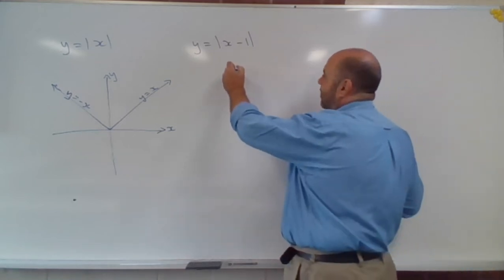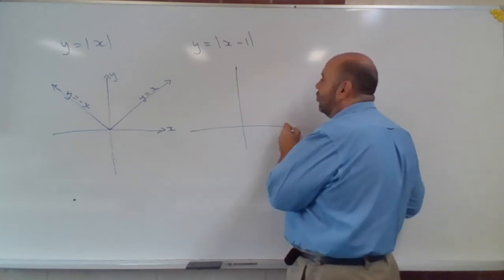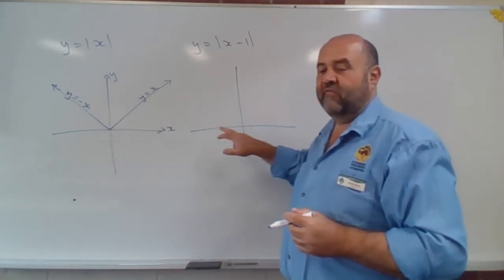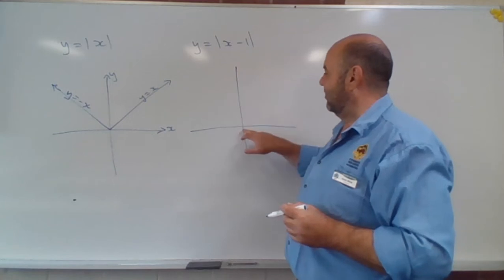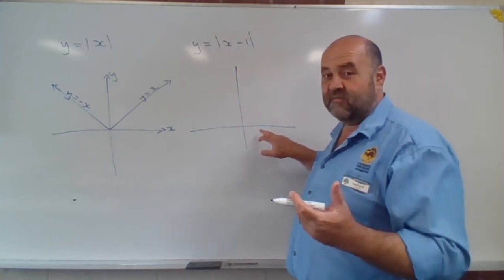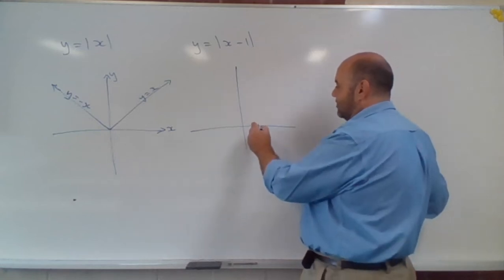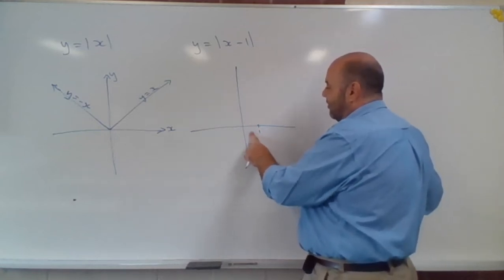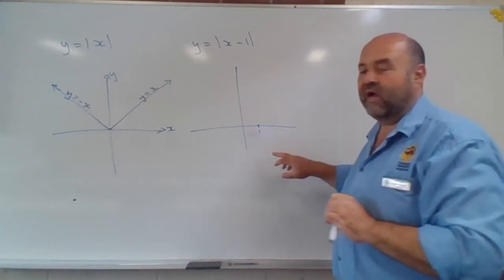So y equals the absolute value of x would normally bounce off at the origin. The minus 1 makes that happen late, so instead of bouncing at the origin, we're bouncing off here at 1.